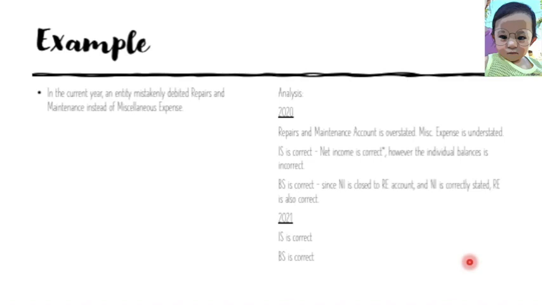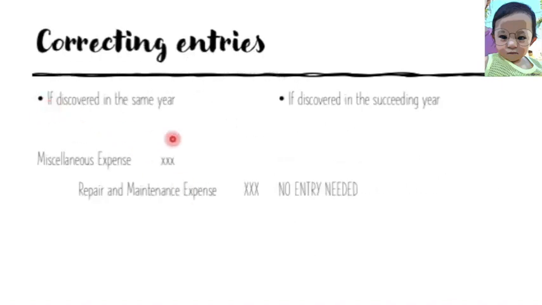So in 2021, both income statement and balance sheet are correct, assuming there are no mistakes committed during that year. So if it was discovered in 2020, this would be your correcting entry. If it is discovered in the same year, debit miscellaneous expense, credit repairs and maintenance expense. This is to correct the understatement of miscellaneous expense and overstatement of repairs and maintenance expense.